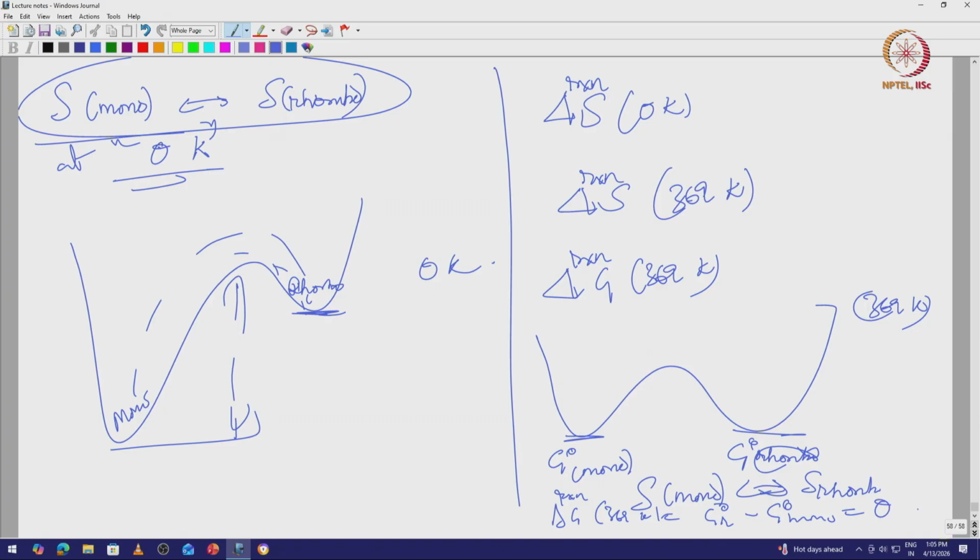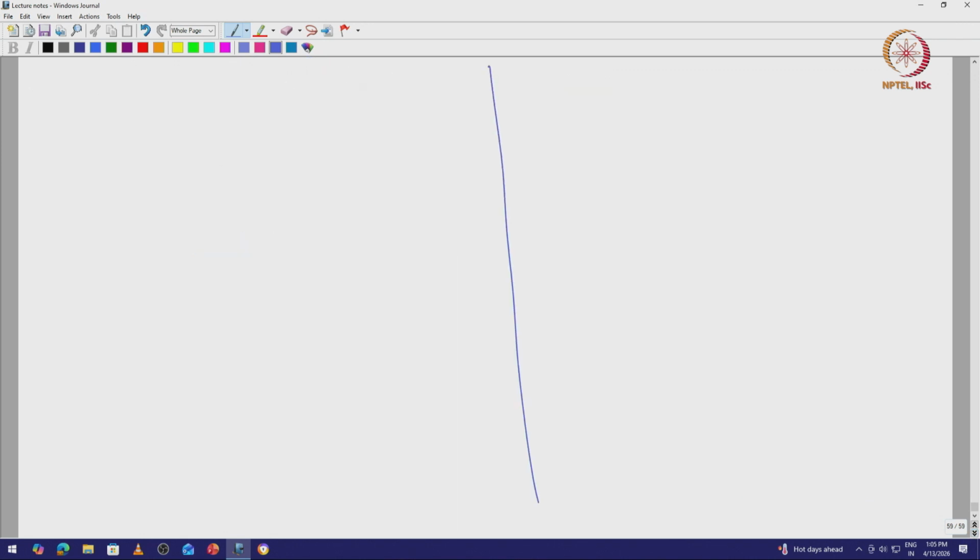So, I know the delta G of the reaction at 369 Kelvin, that is the phase transition temperature, right. So, at phase transitions, the delta G's of reactions are going to be zeros, right. So, the reaction does not know whether to proceed this way or that way, right. Typically they proceed towards reducing delta G, but delta G itself is 0.